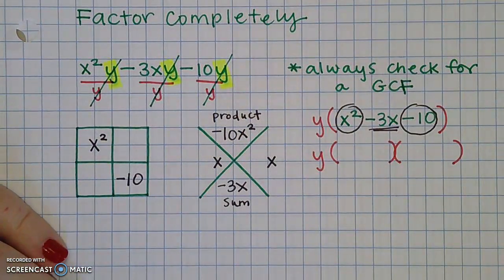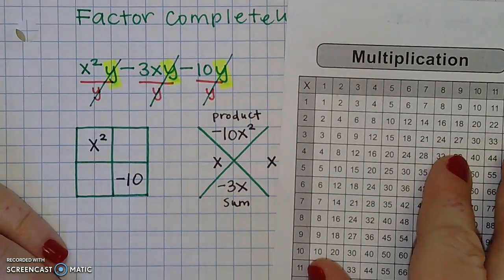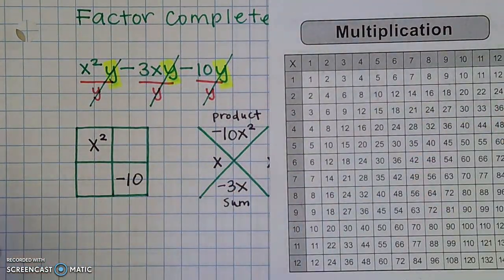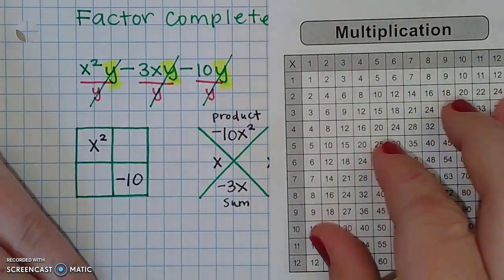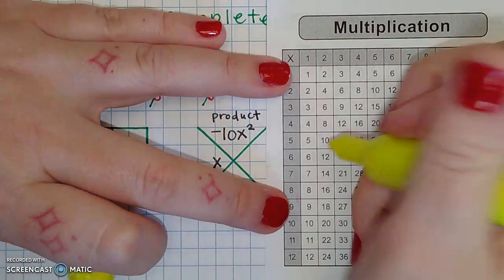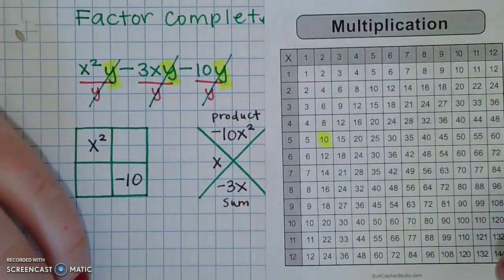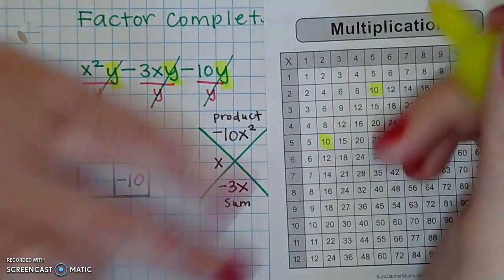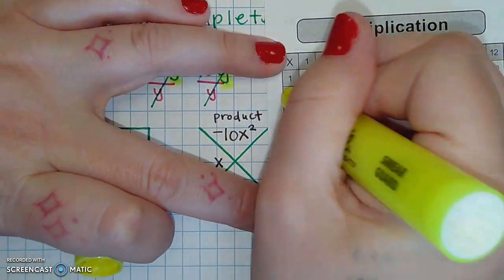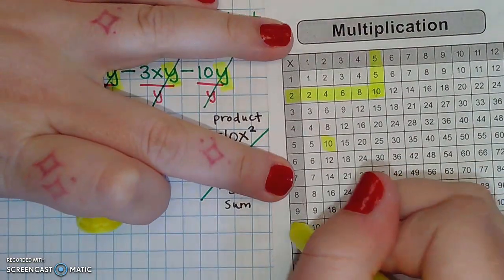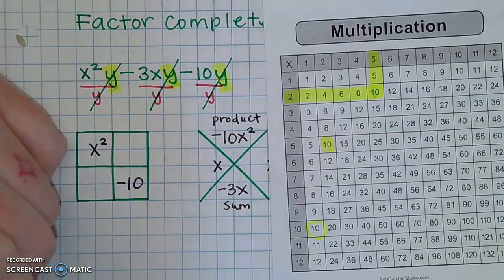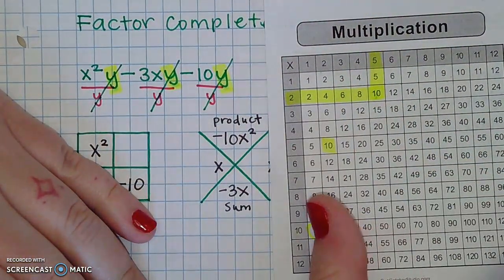So for a 10, I think about my factors, so I brought out my little multiplication sheet. We just want to find where 10 shows up on this sheet, and I'm seeing for the most part it's just 5 and 2. There's also 10 and 1.